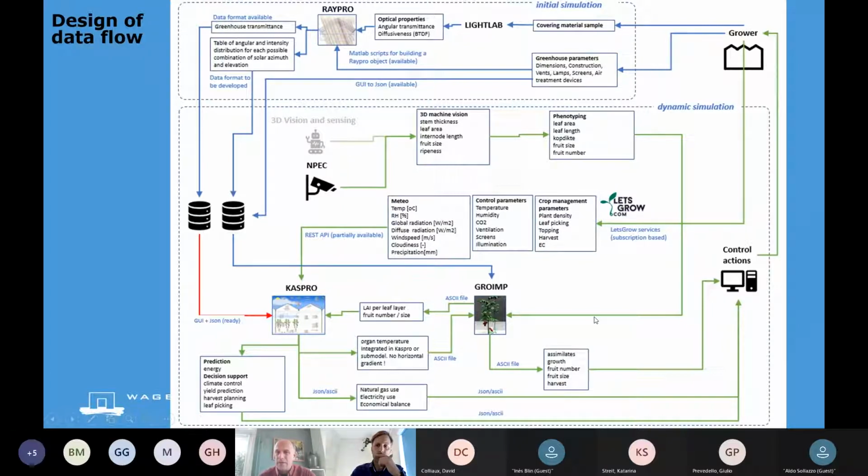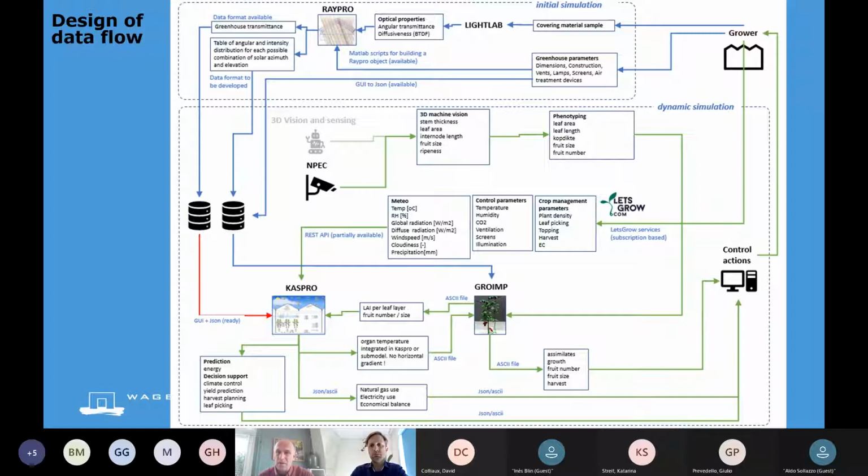And that information is then supplied to the grower. And in our case, in our experiments, it's still an experimental growing condition. On that basis, we can change the climate in the greenhouse. For instance, open the windows because it is too hot, or put out the lights because the light is sufficient for growth. And then the cycle is around.